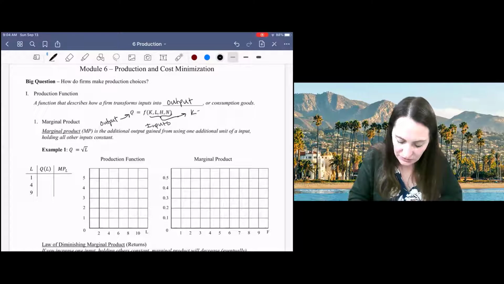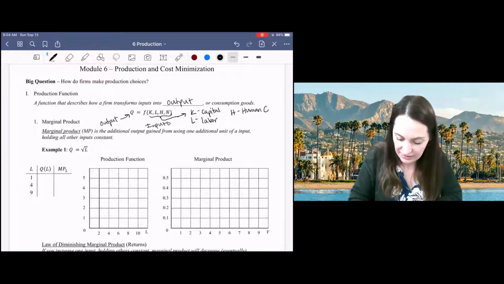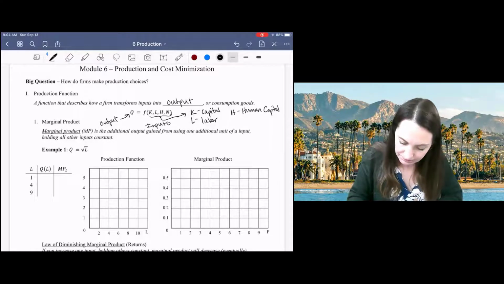K stands for capital, L stands for labor, H I'm going to use to stand for human capital, which is like the skills and education and productivity of workers.